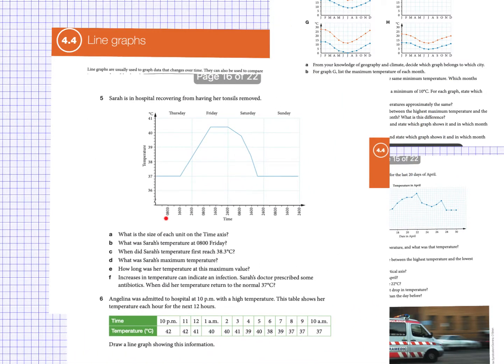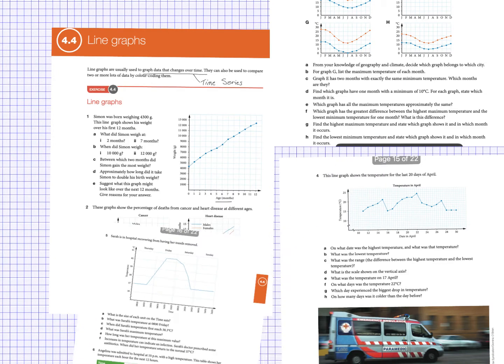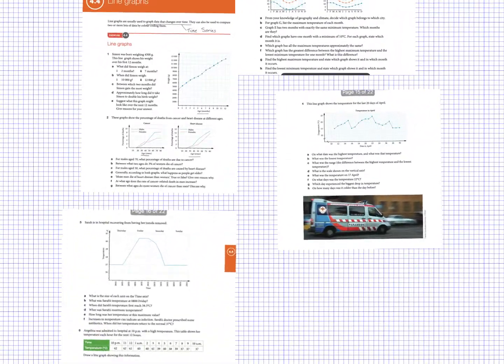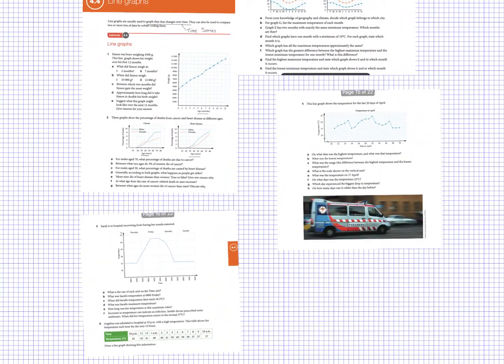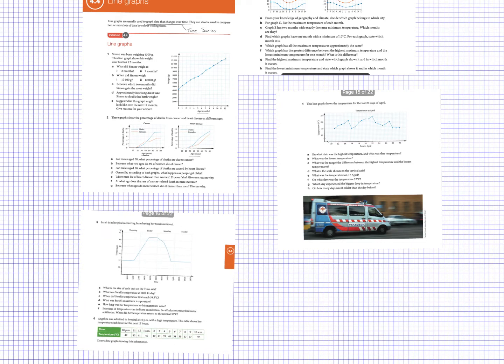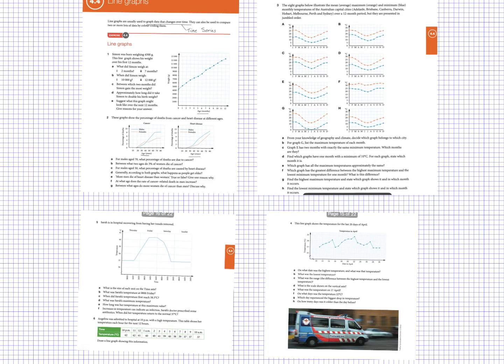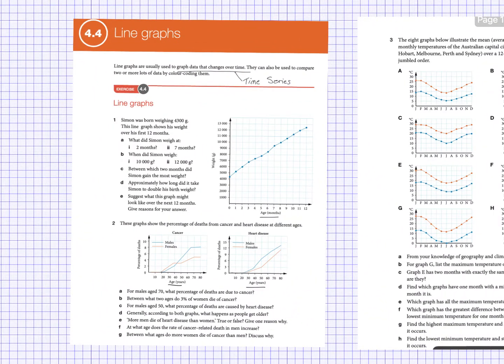So you've got 0800, which is 8 o'clock in the morning, 2400, which is midnight, 1600, which is 4 o'clock in the afternoon. All right, so all of those are line graphs which show time along the bottom axis. And then up the side is some kind of other information.